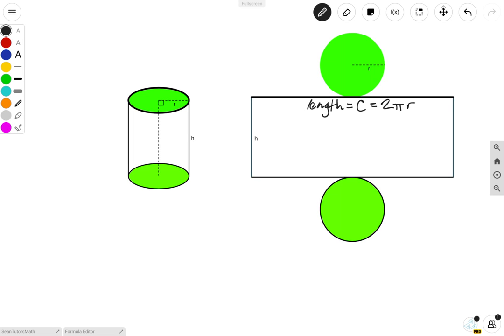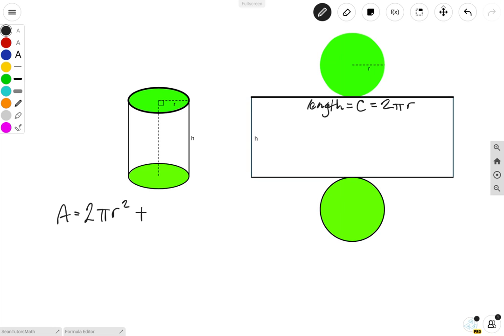All right. So let's talk about the surface area of a cylinder. So we have the area of the circle, pi r squared, but then there's two of those. There's one up top and a second down below. So we actually have two of those.